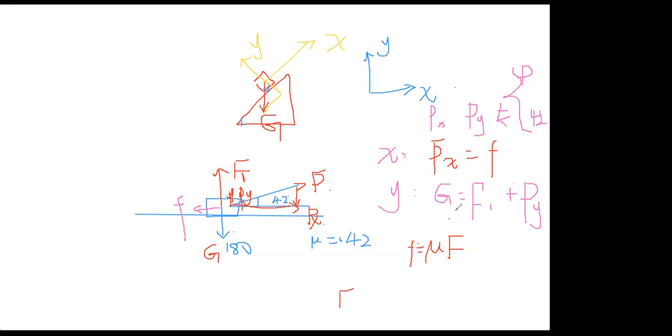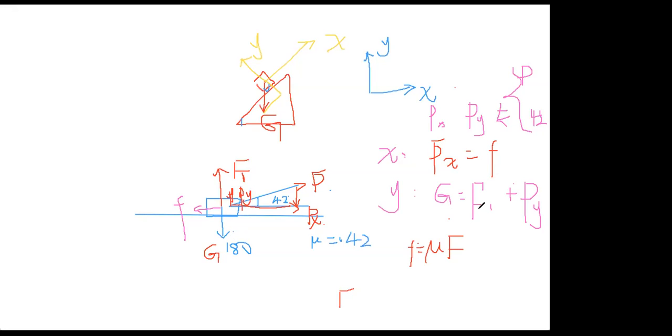So what I'm saying is that if that force, the mu F for the force of friction, is getting smaller, that F is getting smaller, then that means we're subtracting the pulling Py from F. So it's mu times the quantity F minus Py sine 42.